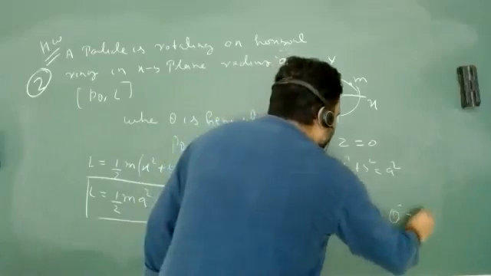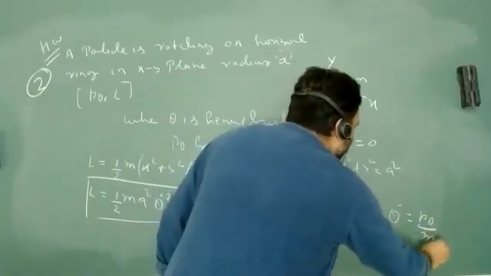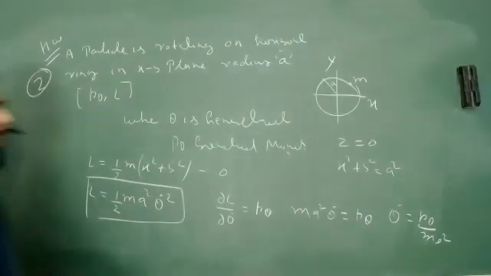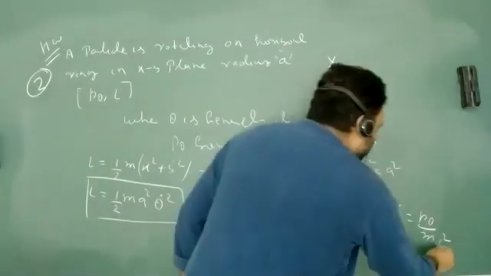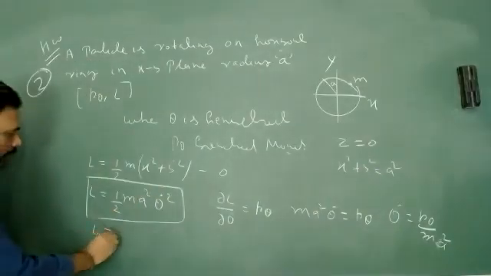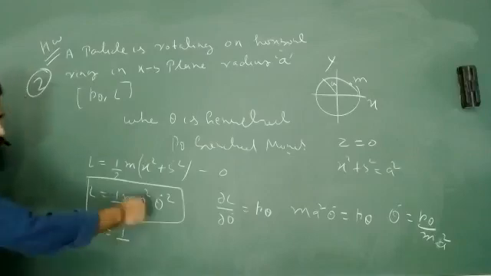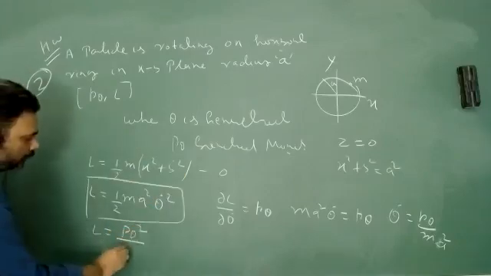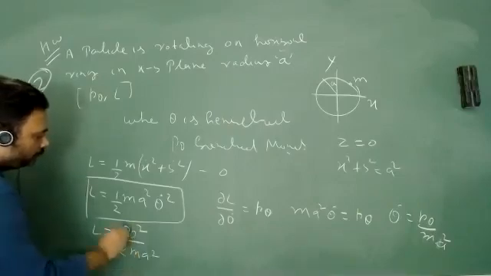So what is theta dot? Theta dot is equal to P theta upon m a square. So you have to write your Lagrangian in terms of theta and P theta. If you put theta dot equal to this, this will be P theta square upon 2 m a square.